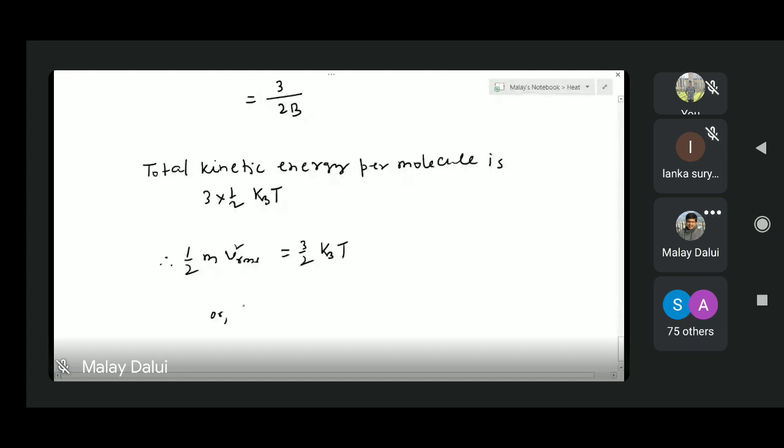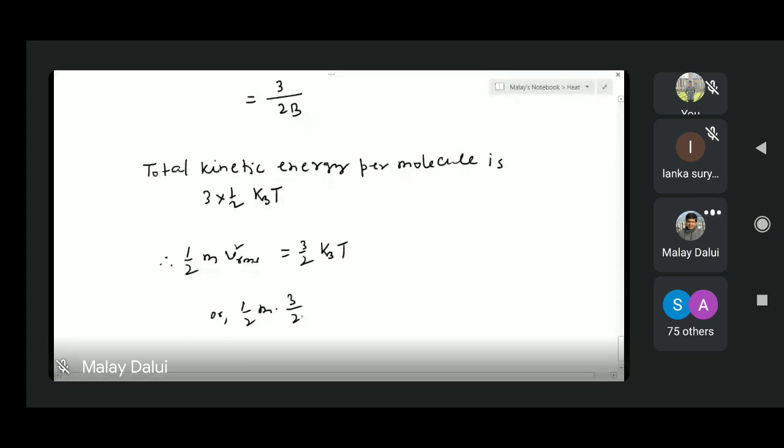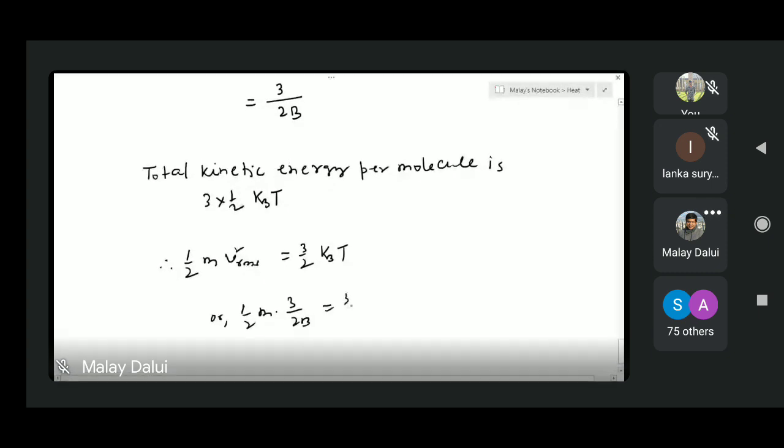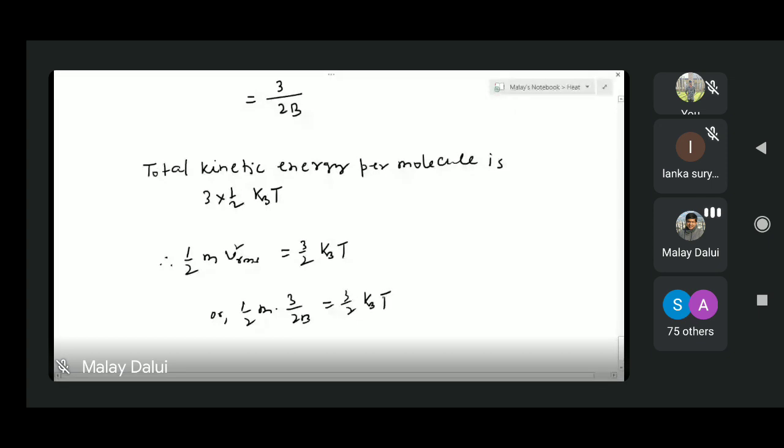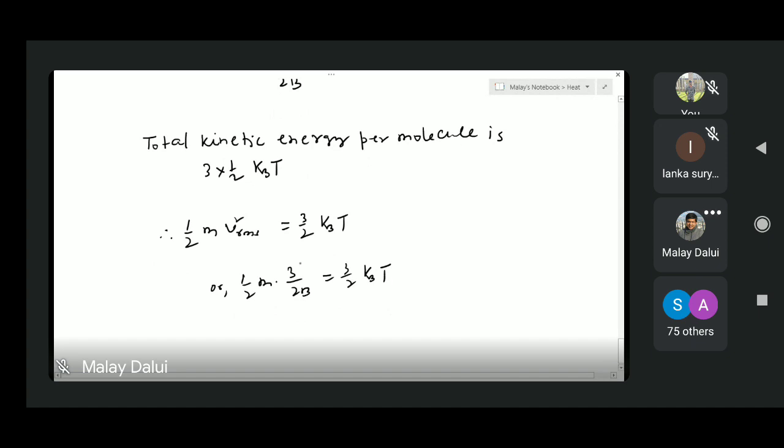or half m times 3 over 2b, since 3 over 2b is our v square RMS, equals 3 by 2 kBT. The idea is to express the microscopic quantity, which is velocity, in terms of the macroscopic quantity, which is temperature.